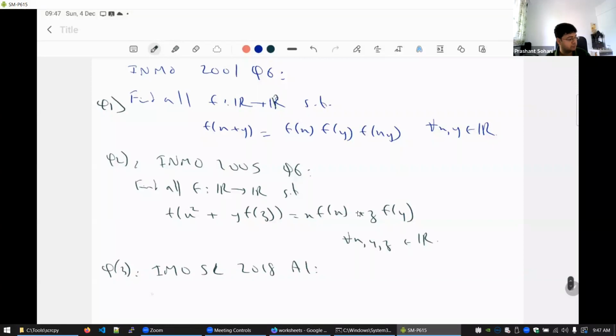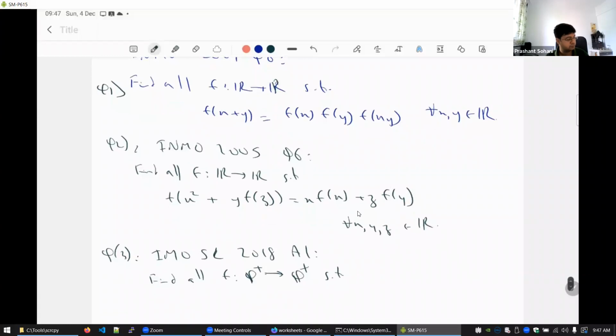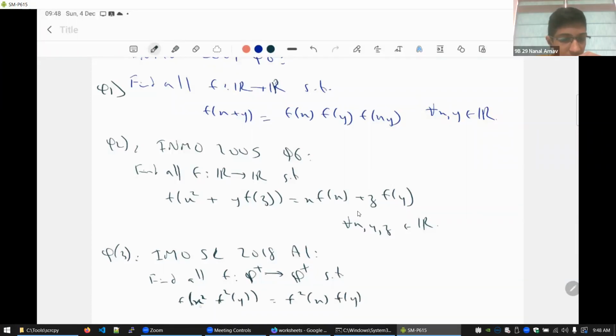Find all functions such that x square into f square of y is equal to f square x f of y.